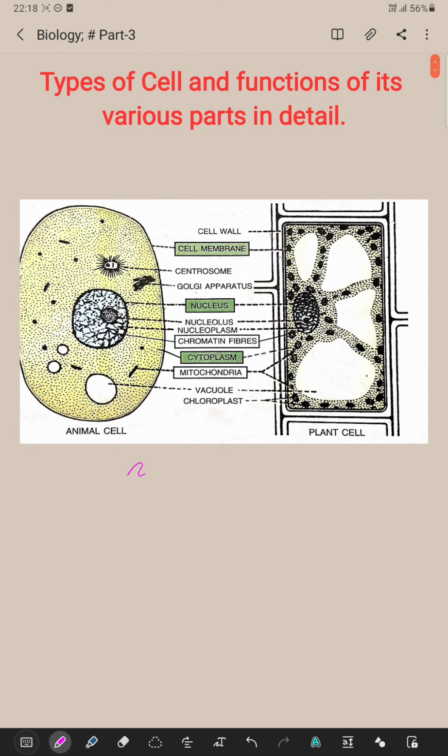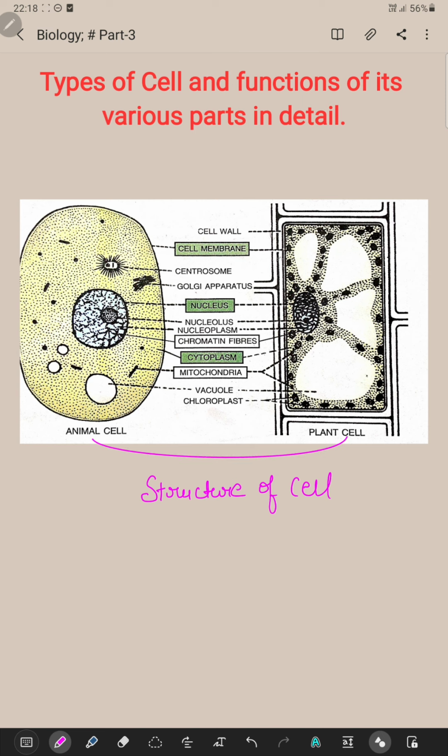So, basically, when we talk about the structure or the type of cell, there are two structures. One is the animal cell, one is the plant cell.